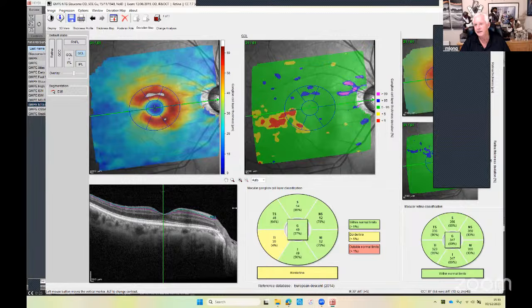But honestly, because of the disruption close to the disc, those measurements are not really very reliable. So my understanding and what I've been taught was, in those cases, probably better to look at the ganglion cell and the macula to see whether you can see some familiar changes that look like glaucoma changes.